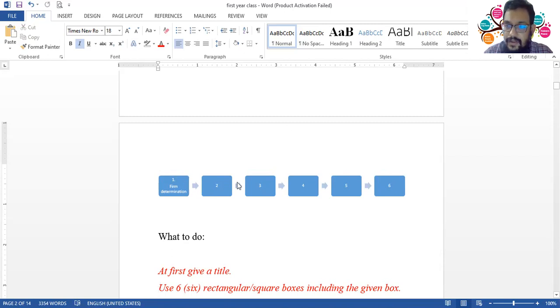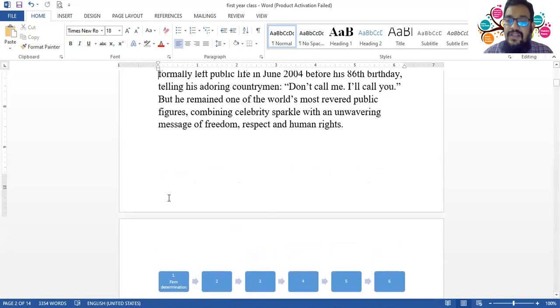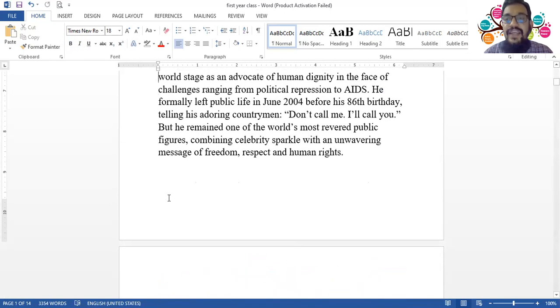In the answer scripts, you have to draw these 6 boxes, and the first one, which is done, you have to use it in your answer scripts. Sometimes some boys and girls do not give it. We usually cut 1 mark for it. So a single mark is always very important. If you get 79, then for 1 mark you will not get 80, A plus. So always number one is very important. You cannot neglect a single digit.